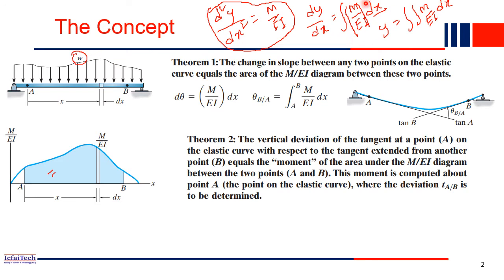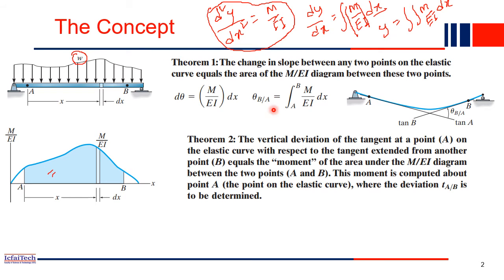So M by EI is basically the height and dx is the length, so M by EI into dx is nothing but the area of the M by EI diagram. So simply, if you draw the M by EI diagram of any beam and find the area inside, that area will give you the slope difference between the 2 points. So this is our first theorem.